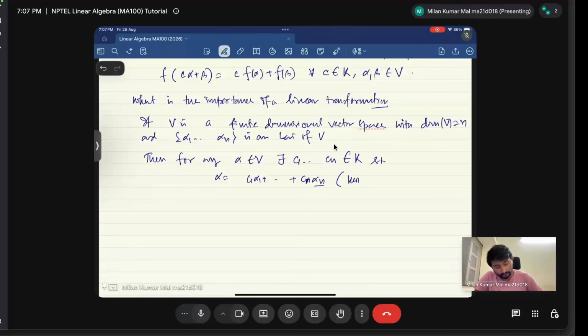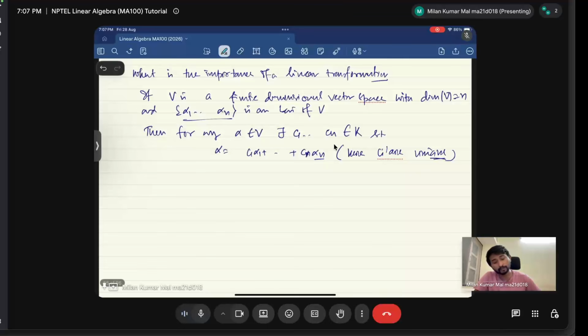Here the ci's are unique whenever we consider a fixed basis.